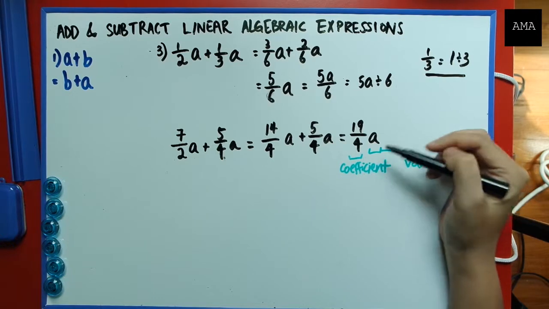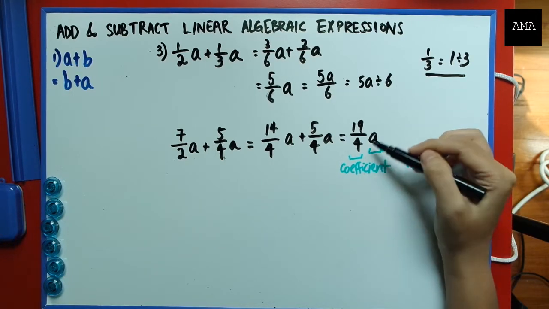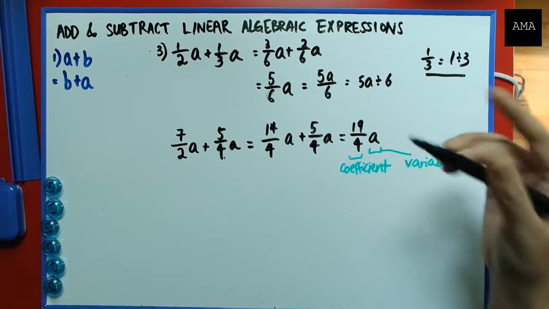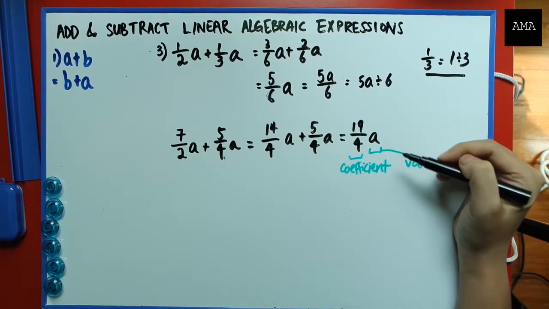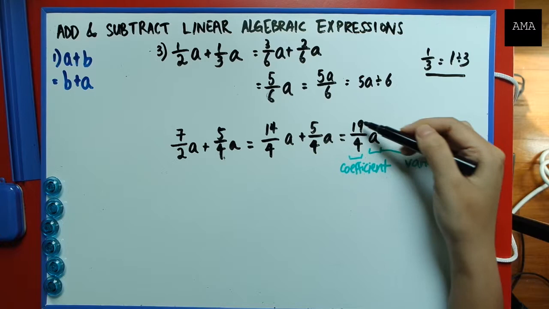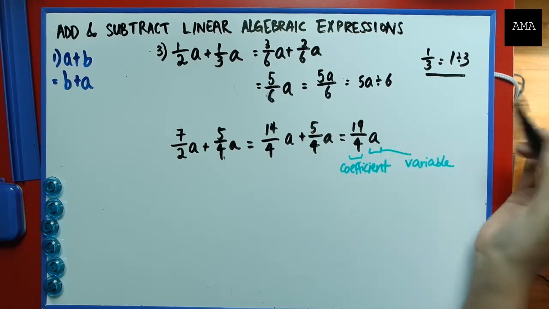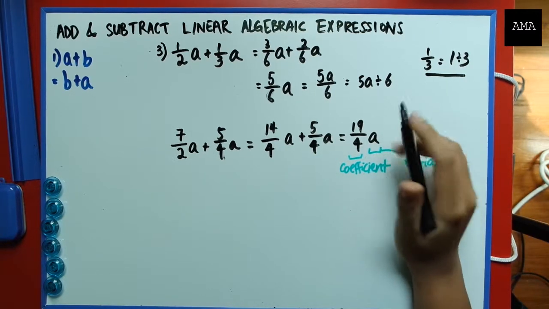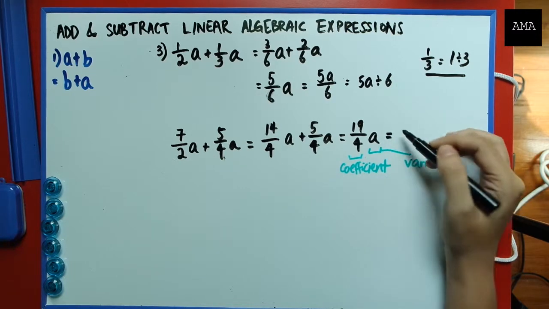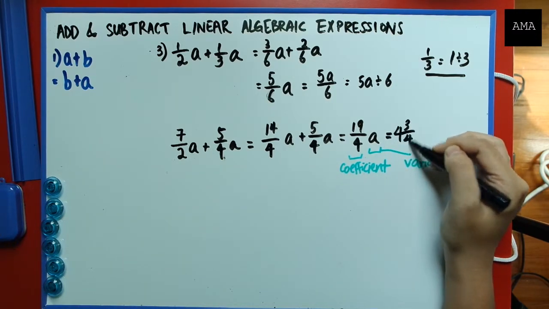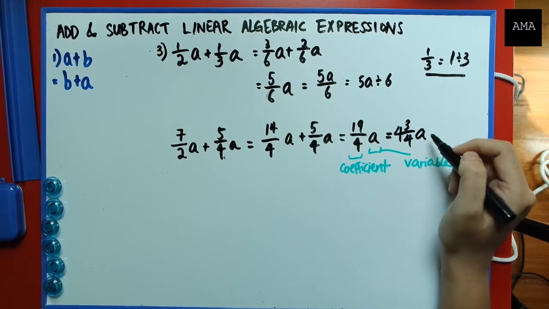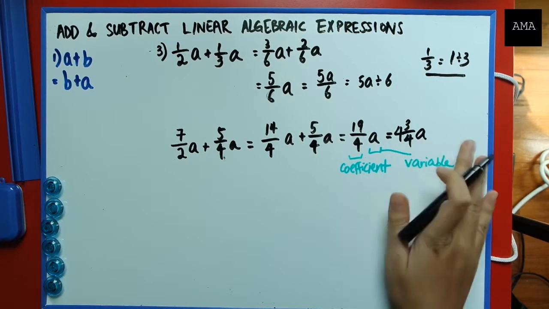The interesting thing about algebra is that we rarely express this coefficient as a mixed number. We like to leave it as an improper fraction. So don't try and give me something that looks like 4 3/4. This is not preferred, because you can see there's just too many things happening.